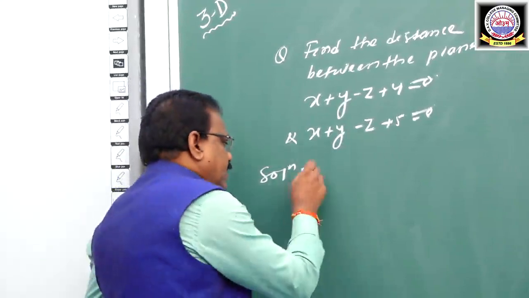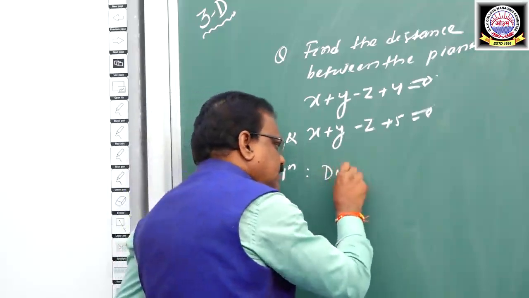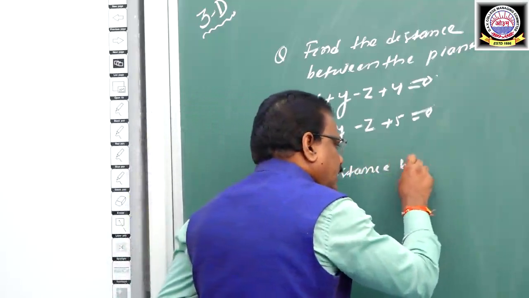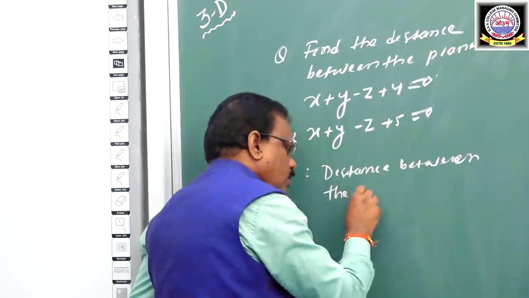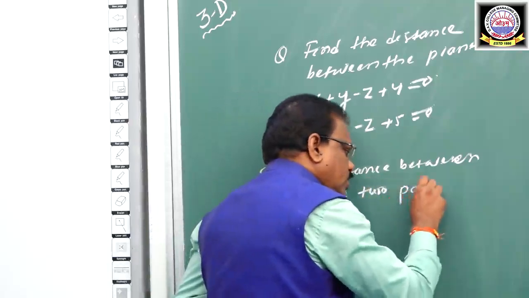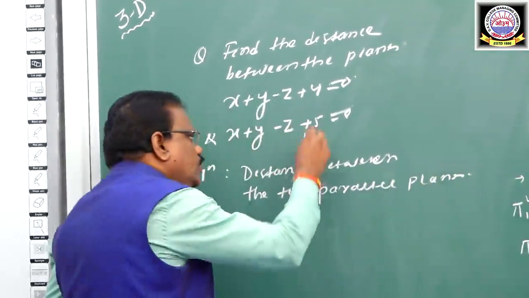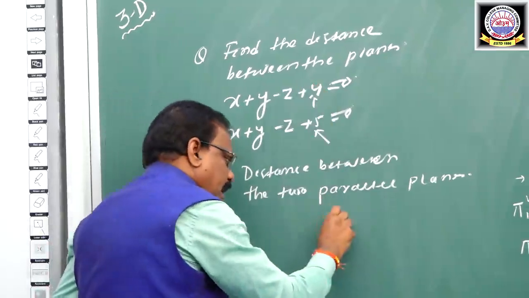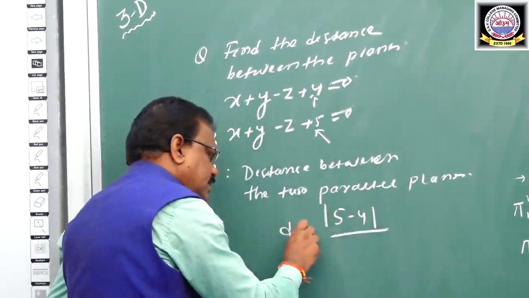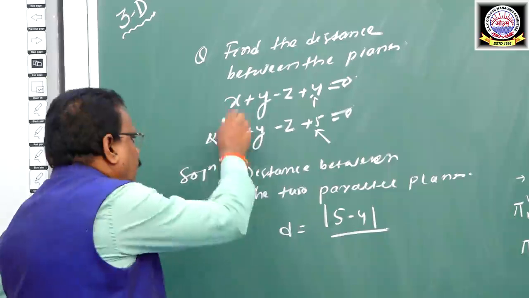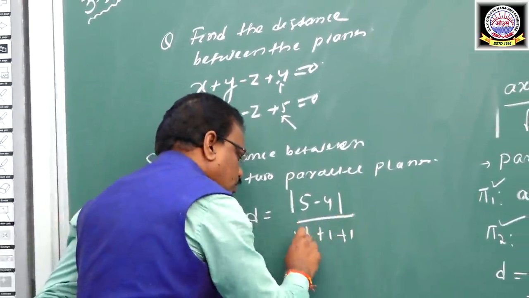If the two planes are parallel, I can directly write the distance between the two parallel planes formula: modulus of d2 minus d1, that is 5 minus 4, divided by the square root of 1 square plus 1 square plus minus 1 square, which is also 1.